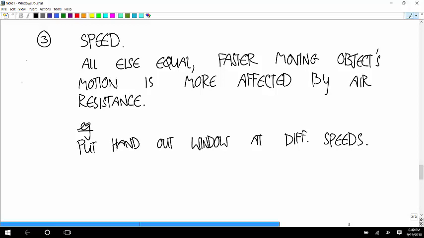There's a factor that represents the surface area, one that represents the mass if it's a falling problem, but then the speed comes into the equation squared. So if you double the speed, it multiplies the air resistance by 4. If you multiply the speed by 10, it multiplies the air resistance by 100, so it has a huge effect.